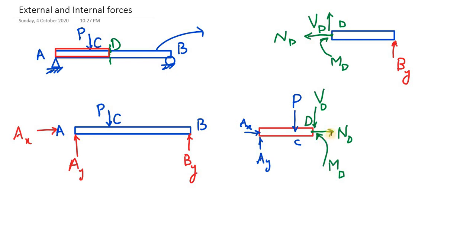But as far as internal forces are concerned, when you are drawing the normal force ND, the shear force at D, and the bending moment at D, we have a certain sign convention. We show them in a particular direction no matter what the actual force is. For example, if I start solving this segment and apply an equilibrium condition, let's apply summation Fy equal to 0.